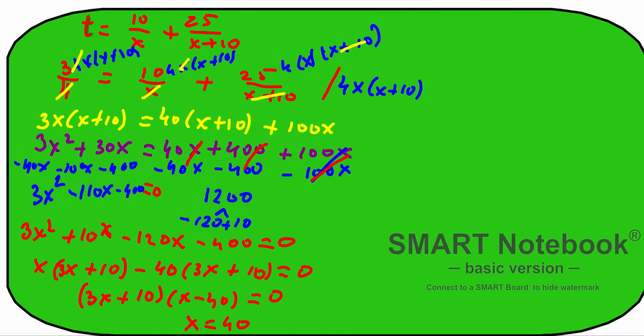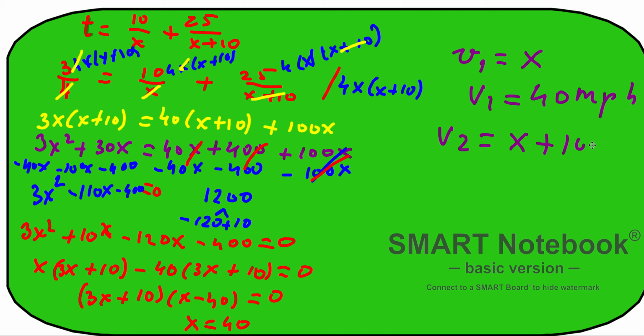As we know before, v1 is equal to x. But x is 40, so v1, the first speed when she drove 10 miles at x miles per hour, was 40 miles per hour. And v2 was x plus 10, the speed during the 25 miles she drove, so she drove 50 miles per hour.